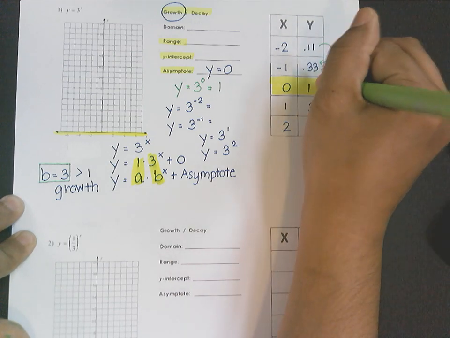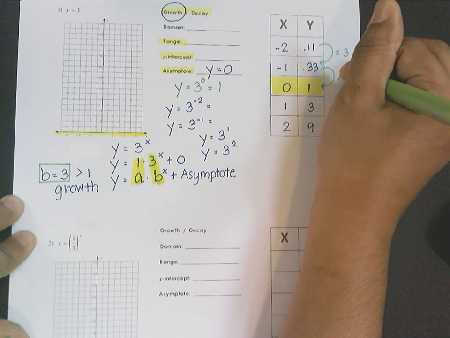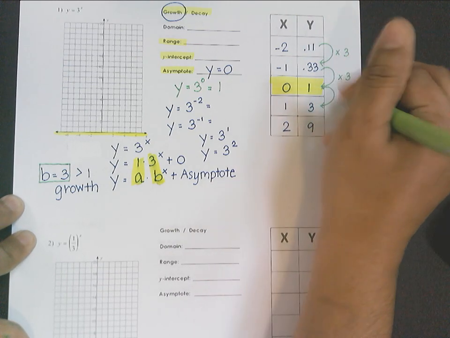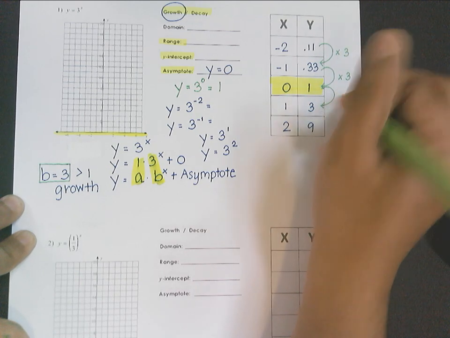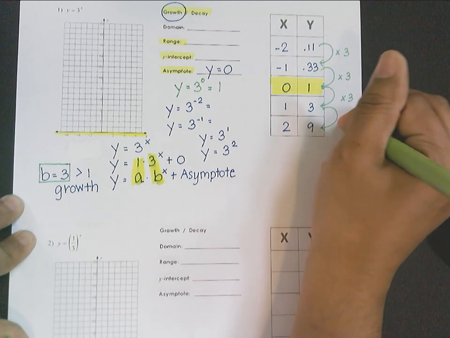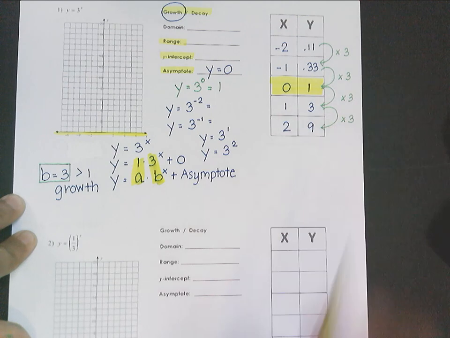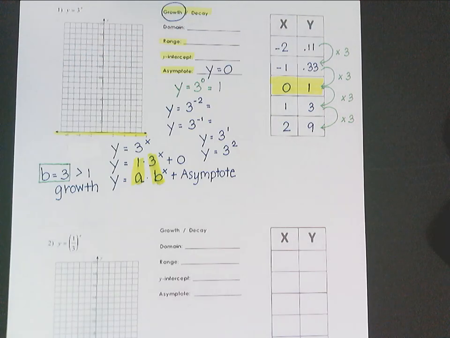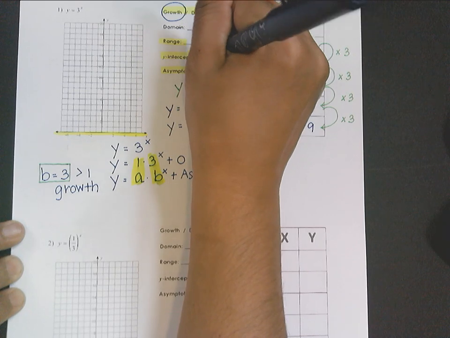You take that 0.33, you multiply by 3, you're going to get 1. You take that 1 and you multiply by 3, you're going to get 3. You take that 3 and you multiply by 3, and you're going to get 9. So this is the reason it's called exponential, because you're multiplying your change in value of y. So my y-intercept is 0, 1.